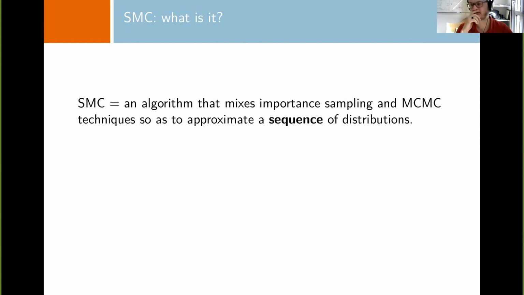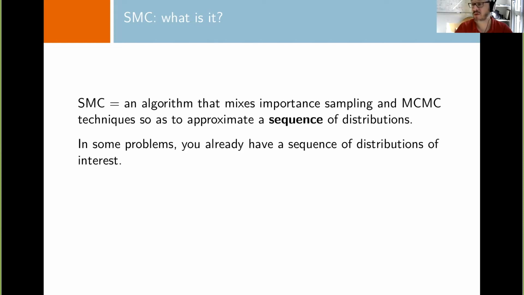Anyway, in case you're not so familiar with what an SMC sampler is, it's an algorithm that mixes importance sampling and MCMC techniques to approximate a sequence of distributions. In some problems, you do want to approximate several distributions sequentially. That's the perfect tool for the job.